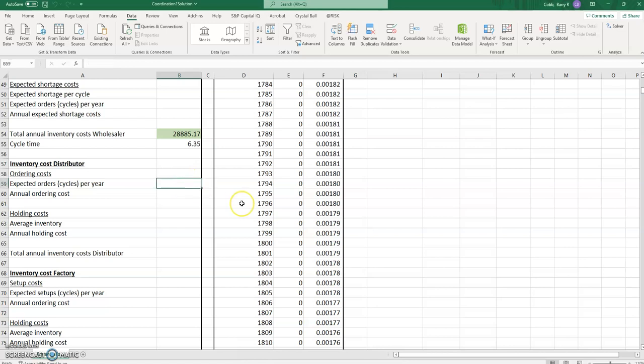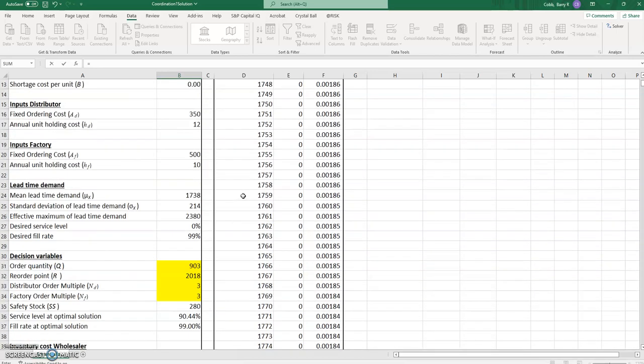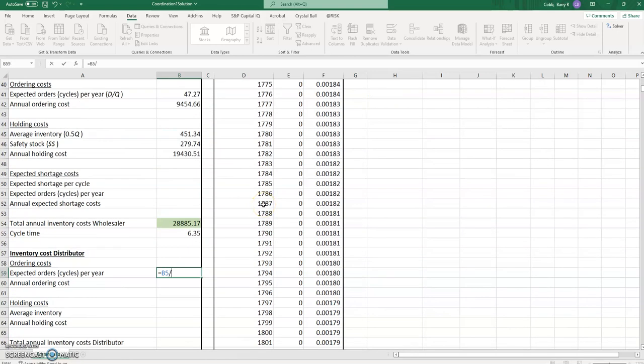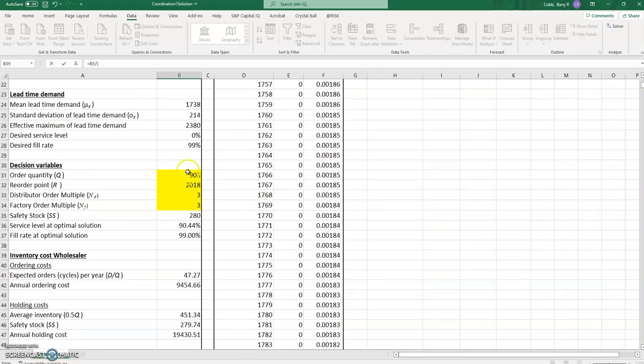For the distributor, its expected order cycles per year are going to be based on its order multiple and the wholesaler's order quantity. So this would be the annual demand divided by the distributor order multiple times the wholesaler order quantity. 3 is just a starting value right now.